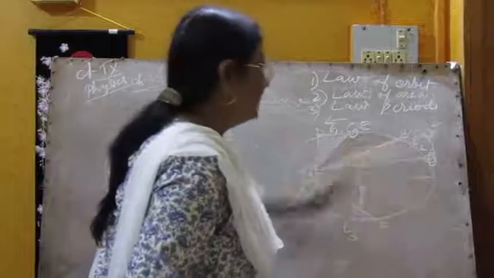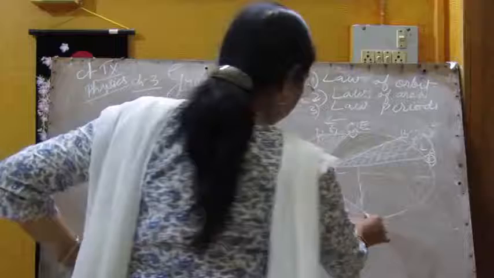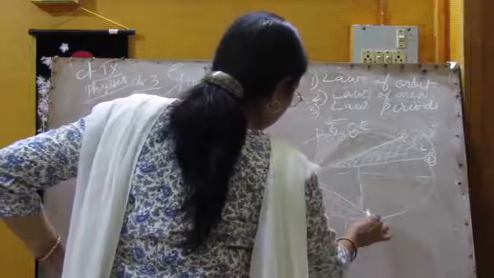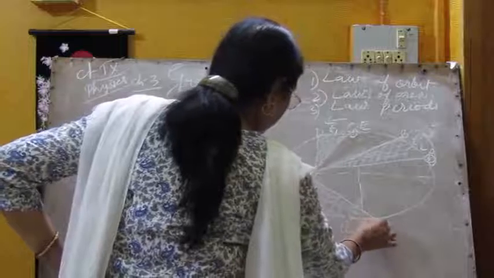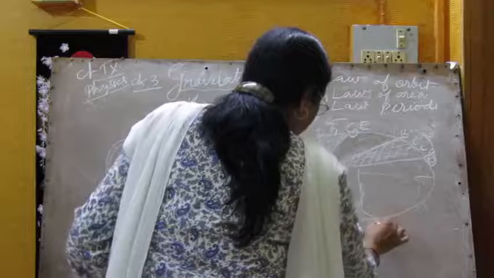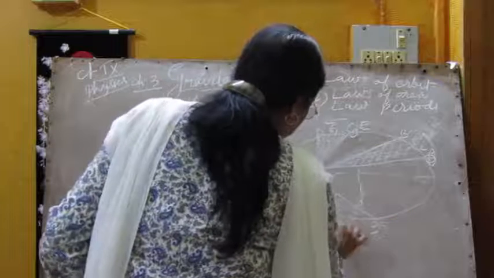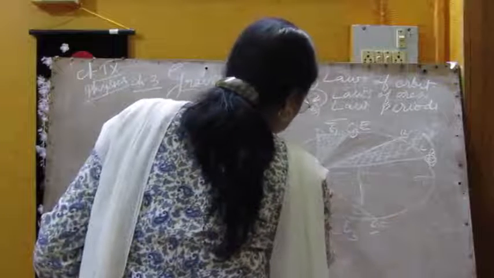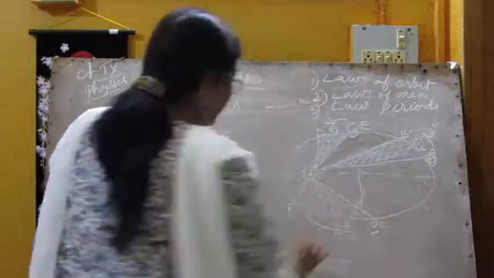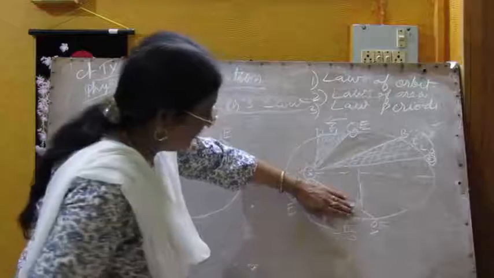Now, if the position of the planet is here, suppose this line sweeps coming up to here. Now it covers an area this much.